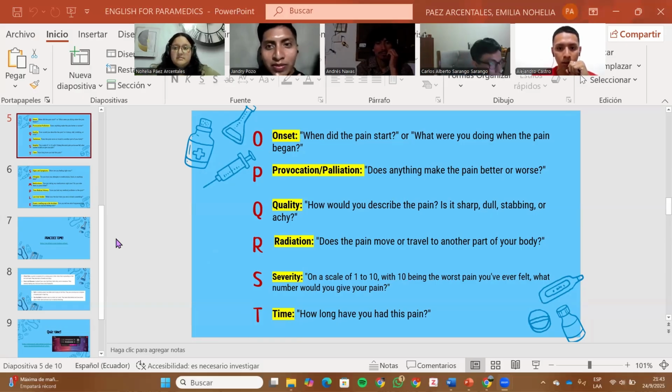Okay, so does anything make the pain better or worse? Not at all, but if I walk a little bit, I feel worse in any second. Okay, please, how would you describe the pain? Is it sharp, dull, stabbing, or achy?